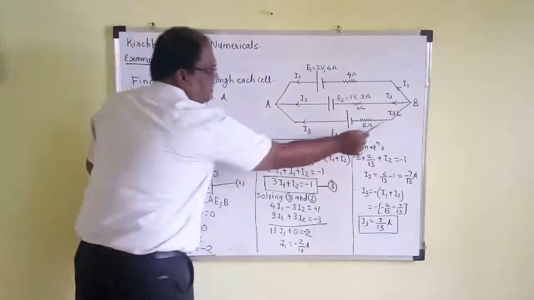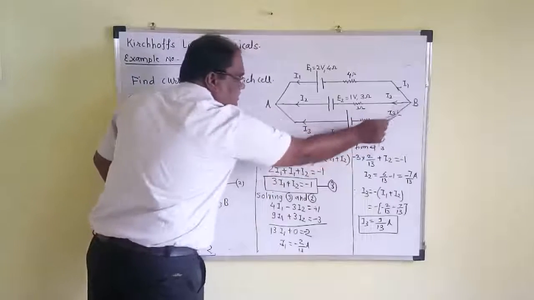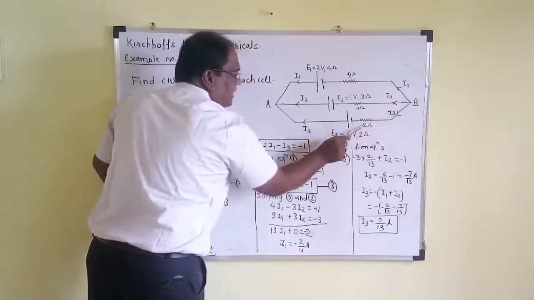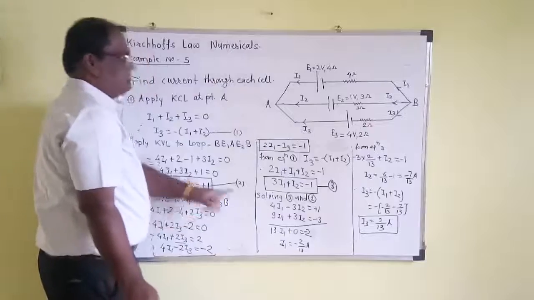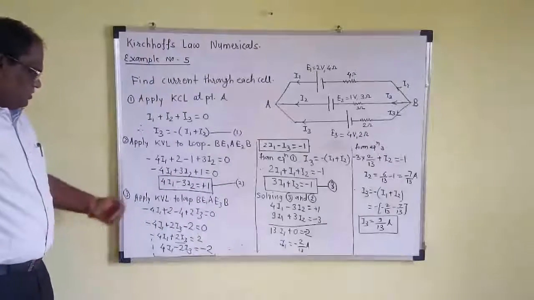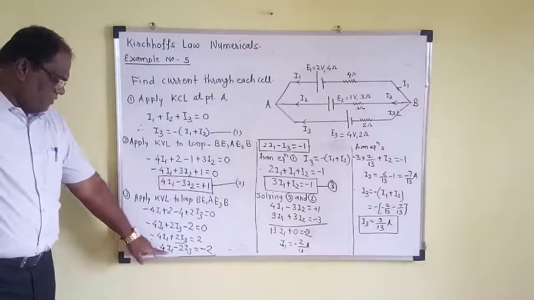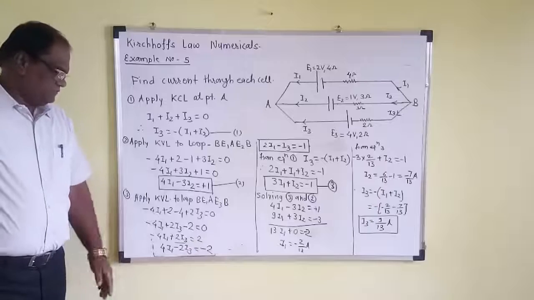Plus, the current flowing through the 2 ohm resistance is in this direction. Now we are moving in this direction, hence the potential difference is positive, plus 2 I3 is equal to 0. Solve. After solving, you will get 4 I1 minus 2 I3 is equal to minus 2.